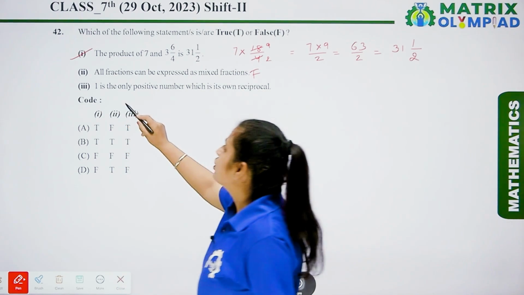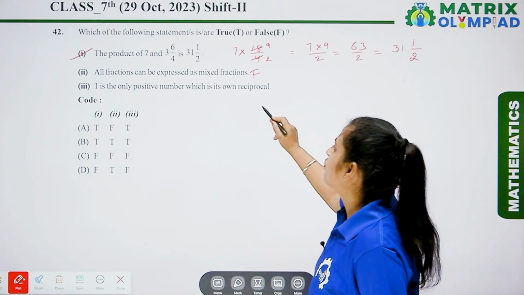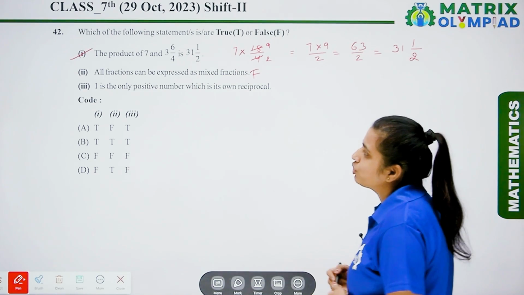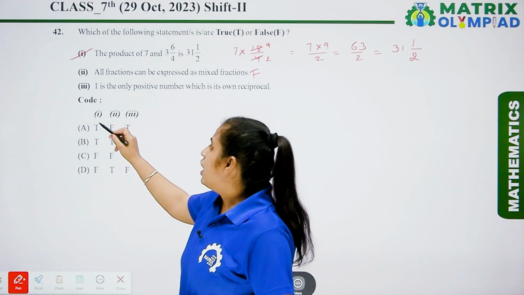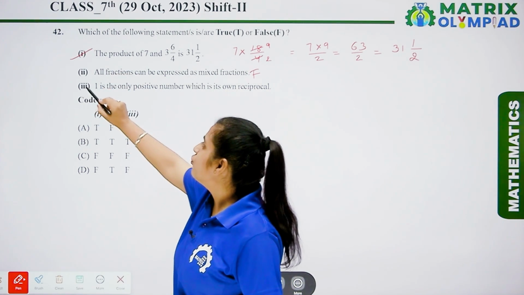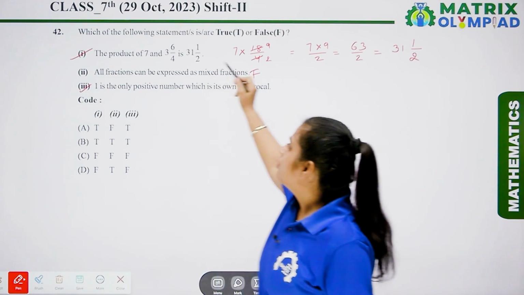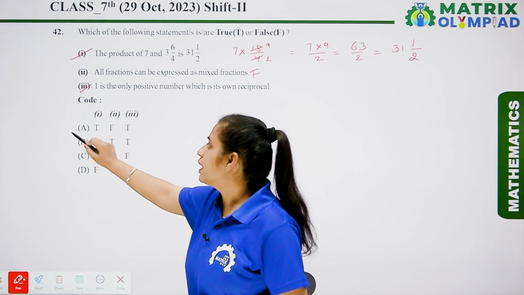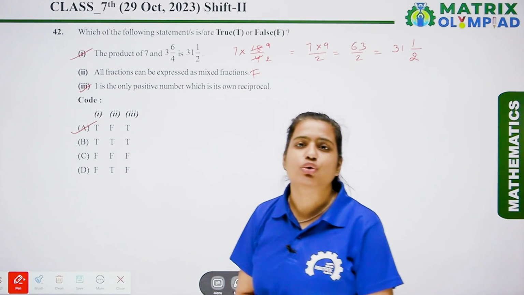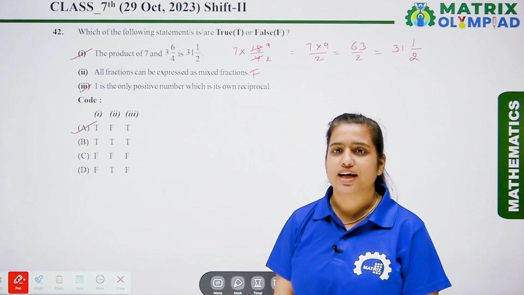Third statement is 1 is the only positive number which is its own reciprocal. So this third statement is true. Now the sequence is true, false and true. Let's check the sequence. True, false, true is in the A option. So according to the question, option A is the correct answer.